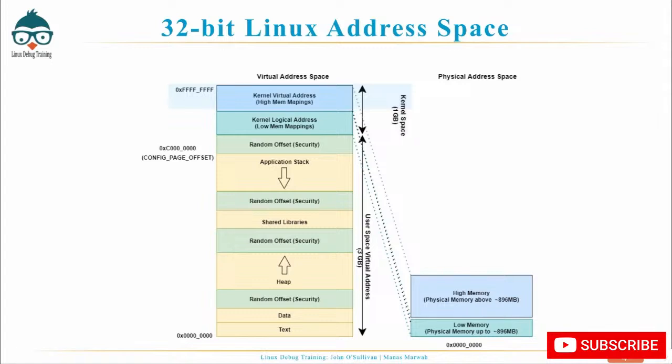This distinction was historically significant for managing memory on 32-bit systems, which had limited addressable memory, but is less of a concern now on modern 64-bit systems, and we'll see this in subsequent slides. The lower portion of the diagram shows the 3 GB space that is reserved for Userspace. We will look at the random offsets and the organization of this memory in more detail in the slides that follow.